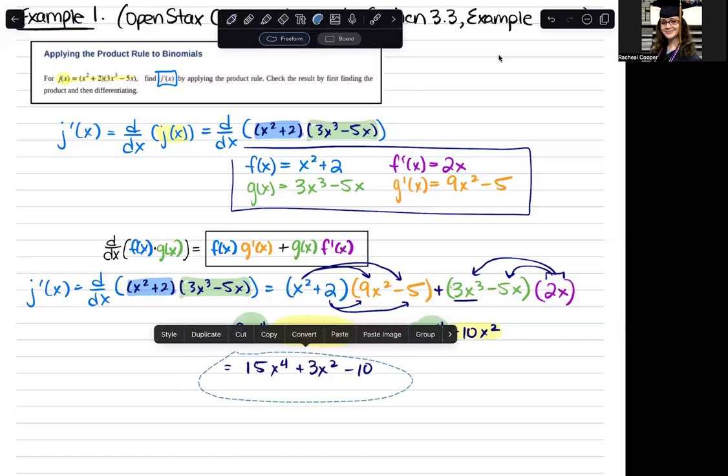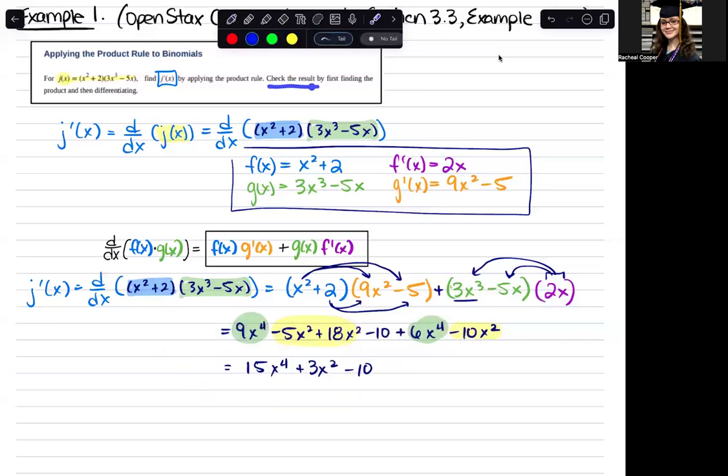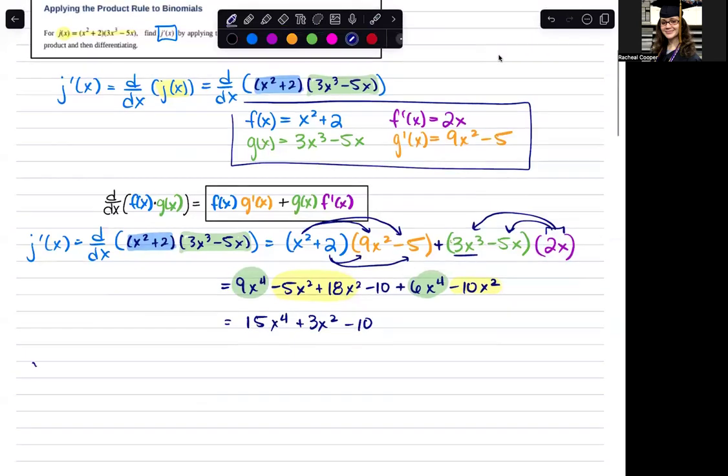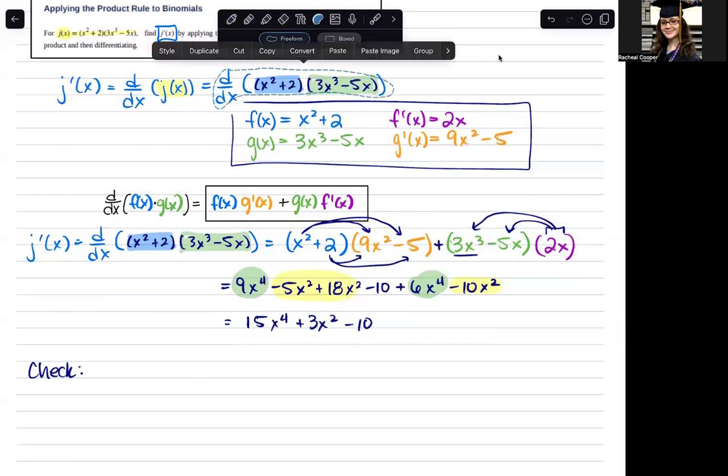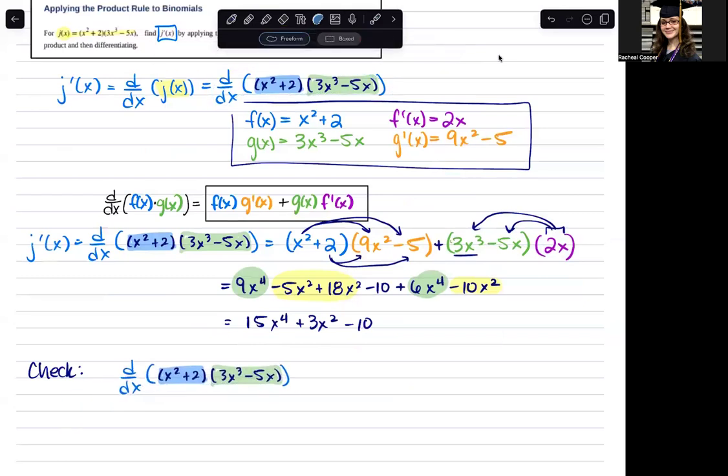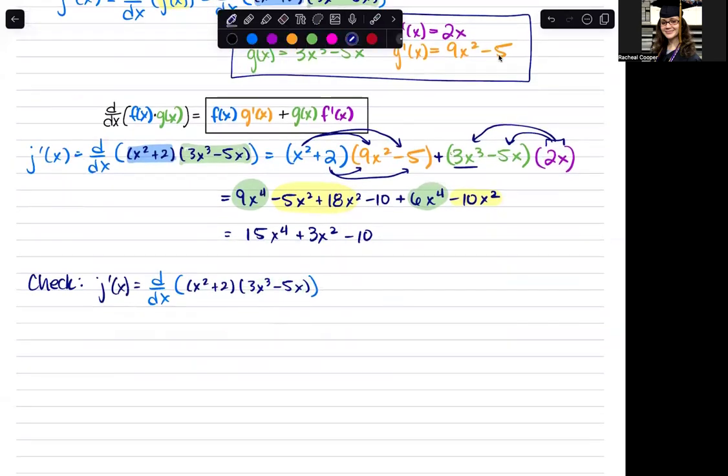Now, this problem statement does ask that we check the result by first finding the product and then differentiating. So what that means is, take our original expression that is in the derivative operation. And again, we're still finding j prime, but what we're going to do, instead of assigning a function f and a function g, is we're going to FOIL first.